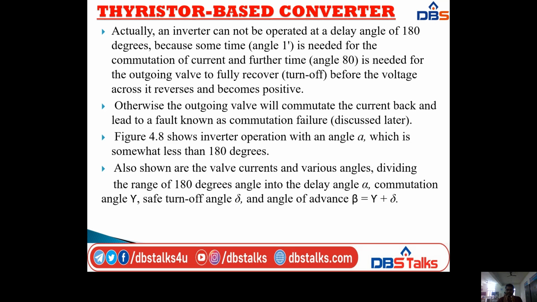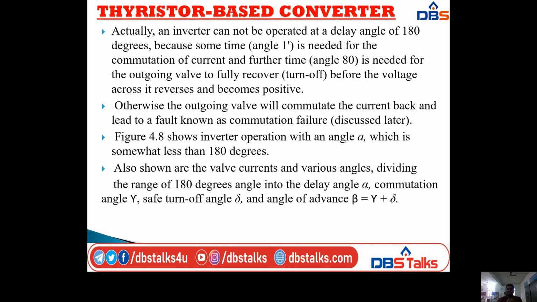Otherwise the outgoing valve will commute the current back and lead to a fault known as commutation failure. This is also one of the concepts in the thyristor-based converter. I will discuss commutation failure in the next classes.